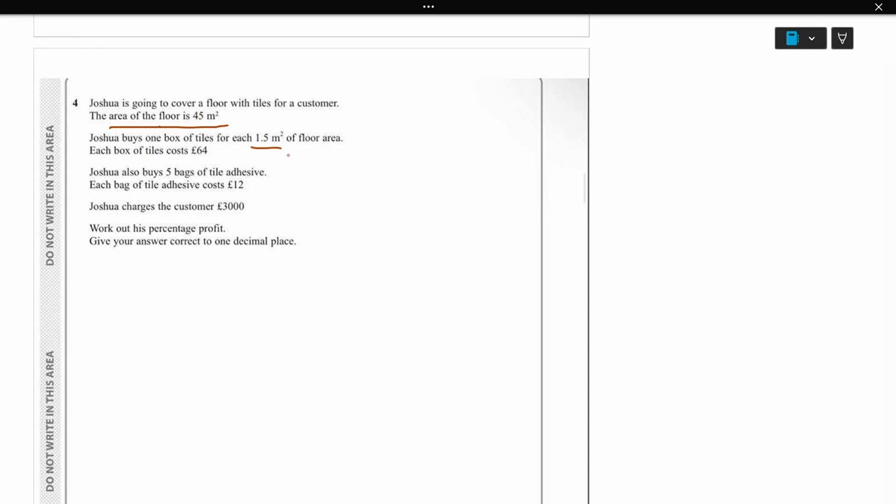So how many boxes are required? Number of boxes is total area, 45, over 1.5 for one box. So the answer is a total of 30 boxes are required.